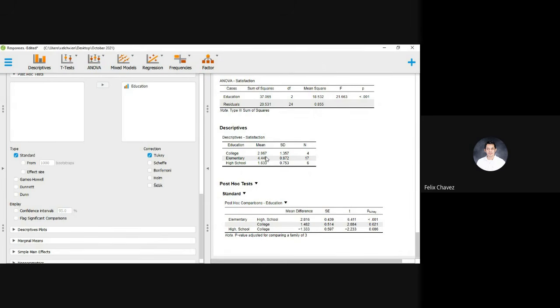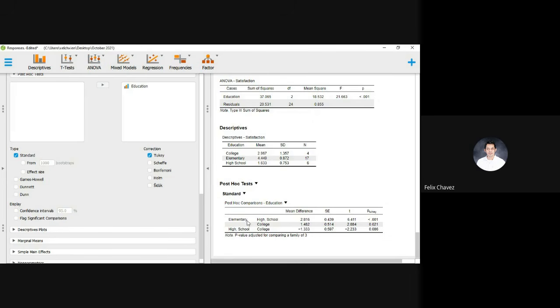By looking at the mean scores, those customers at elementary level have a mean of 4.44, which is higher when compared to the high school, which is only 1.63. So that is the significant difference. Meaning, those with elementary level has higher satisfaction as compared to those at high school level.